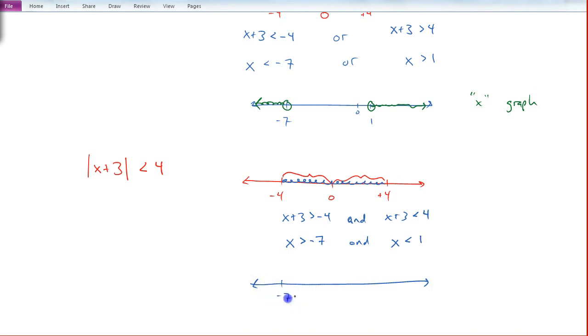Here's -7, here's 1, here's 0, and now that we've shifted over, I'll mark the solution in green. It's any number in between -7 and 1, and these are open circles at the end because we're simply less than. And so now we've got a solution for x, whereas this one up here was an x plus 3 graph.